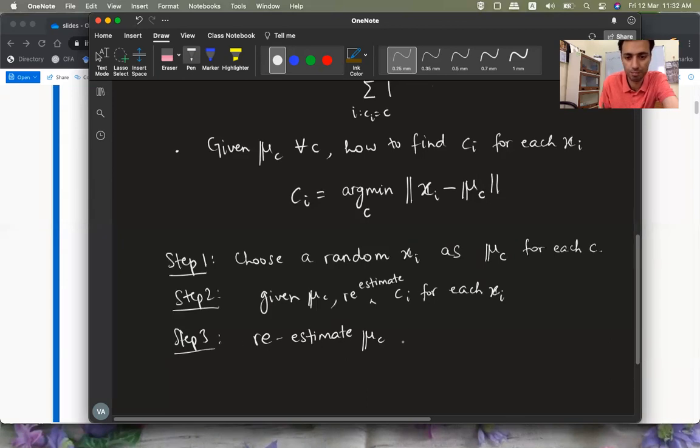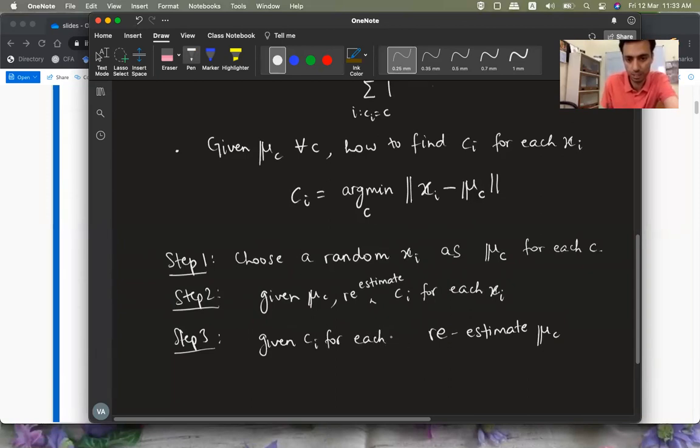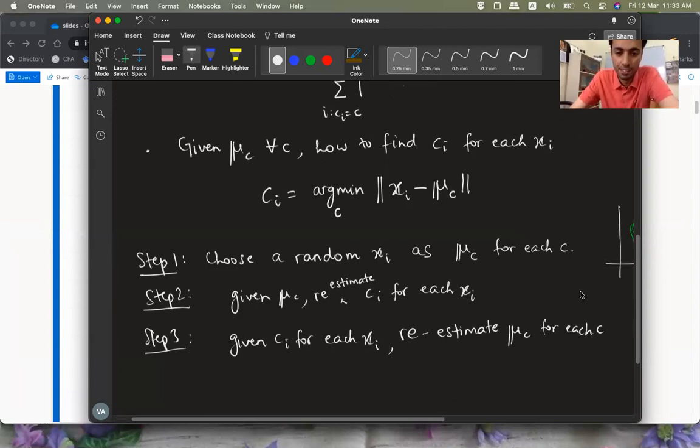Basically, given ci for each xi, re-estimate mu c for each c. Is that clear? Let us do that.